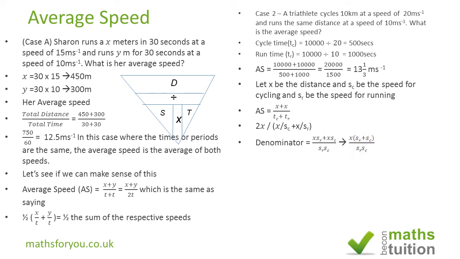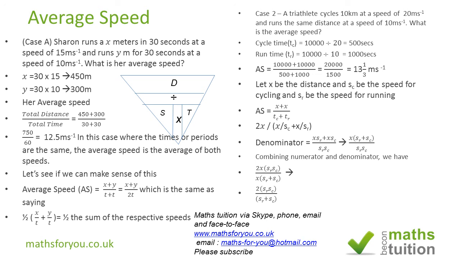Now we need to combine the numerator 2X with this denominator, which means 2X divided by all of that. So we divide by a fraction, and the SR times SC goes on top. I hope that's making sense. So we've got 2X times SR SC divided by X into SR plus SC. Now the X's cancel out, so you end up with 2 into SR SC divided by SR plus SC.